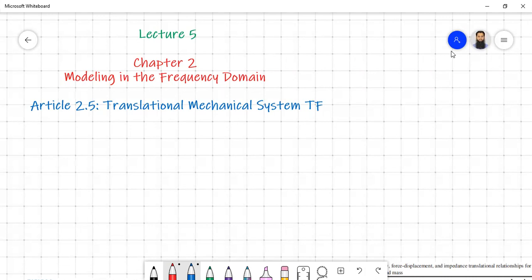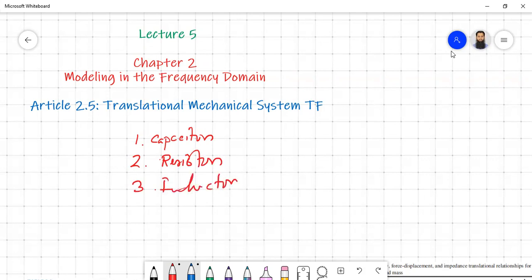Translational mechanical system: translational means linear movement. So the systems related to linear mechanical movement are called translational mechanical systems. Now, in our electrical system, there are 3 passive components: capacitor, resistor, as well as inductor.